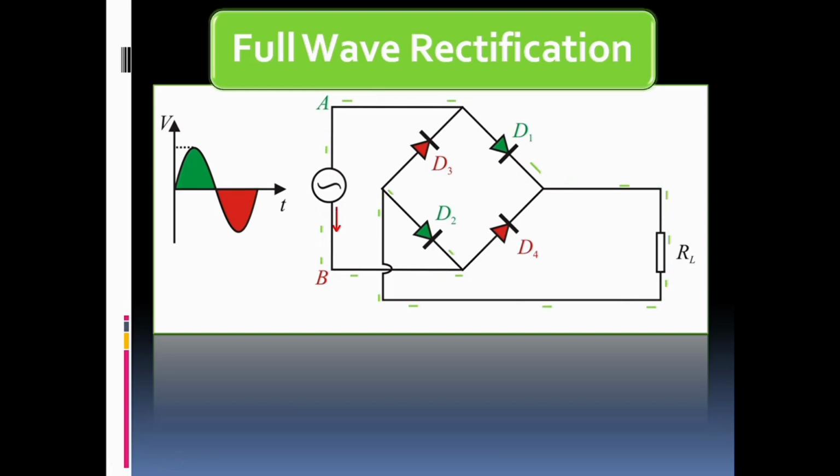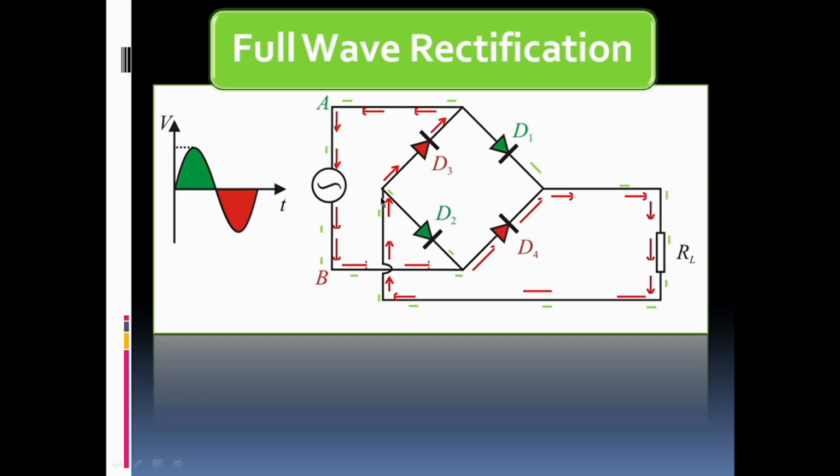Then if we consider the second half cycle, current flows in this direction, P is positive with respect to A, then current again comes to this point, and it can see D2 is reverse biased, D1 and D4 forward biased. Therefore it goes through that, and also D1 is reverse biased, therefore current flows in this path and goes through RL and comes to this point. Then again it can see there are two possible paths.